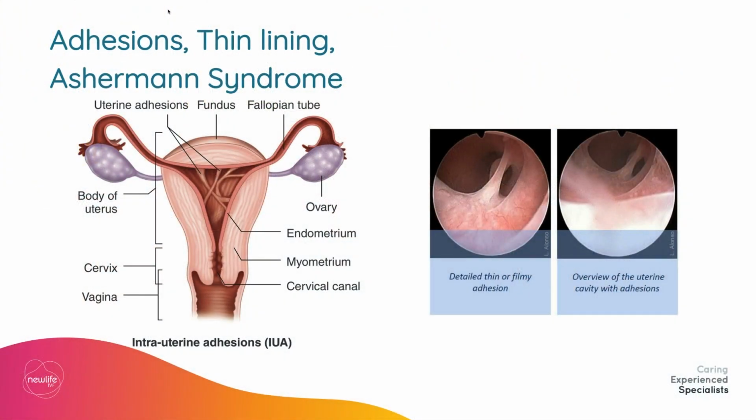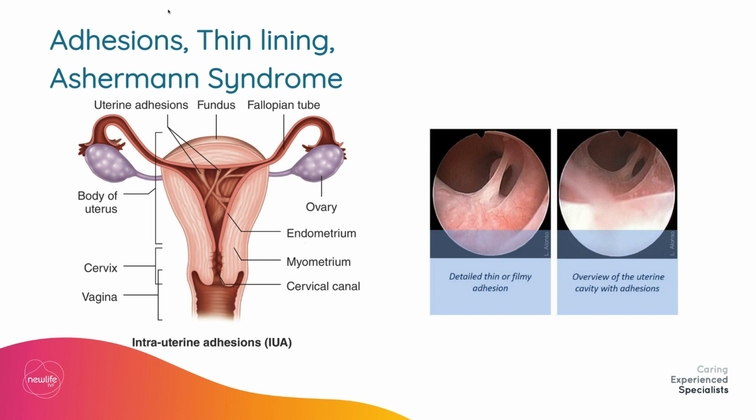For some people, in the picture on the right, you can see there are actual bands of scar tissue. But for some people, there's so much scarring that the lining of their uterus is actually very thin. Even when you remove the scar tissue, the lining is still quite thin and doesn't thicken up. That's quite a difficult situation to fix, and sometimes it requires hormone treatment, maybe some blood thinners.